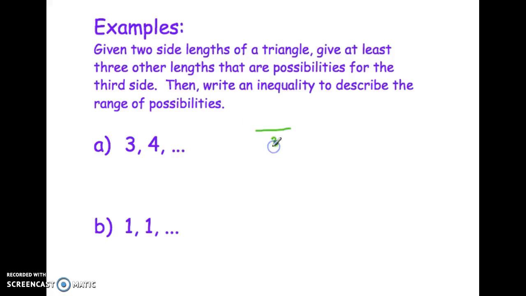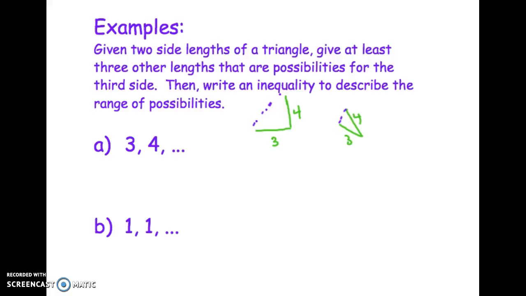3 is a side, 4 is a side length, and the other one might be the longest side, or maybe possibly 3 and 4 are squished together like this, and maybe I'm missing the shortest side. So we've got to consider 2 scenarios here.